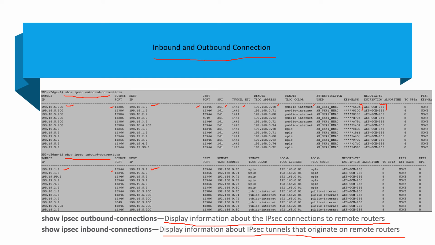So it is coming from the remote. This is my remote TLOC address. My color is MPLS. My local TLOC address is 0.81, which is the system ID of BR3. My local TLOC color is MPLS. My encryption negotiated is AES 256.